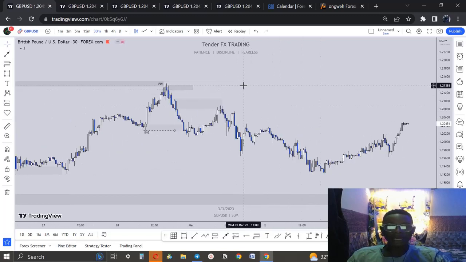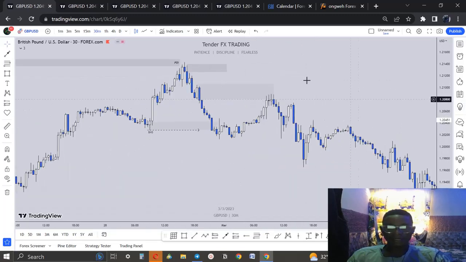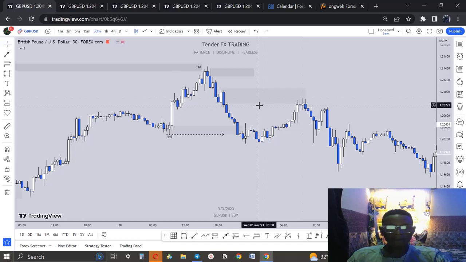And we can see the imbalance right there. We have a form of imbalance that price can potentially come back and fill up, right? Because we know that imbalances are zones where price is always attracted to come back and fill up, right?